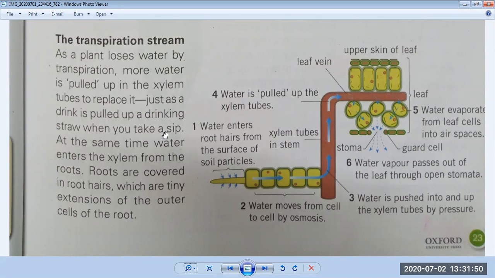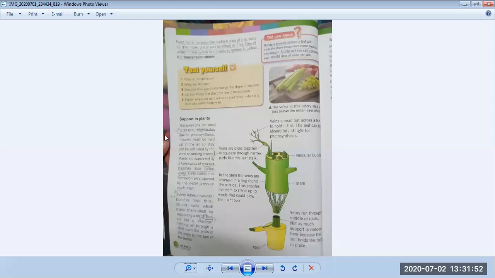Now come to the next page. You can also see what the function of root hairs is. Root hairs increase the surface area of the roots. So why are root hairs important in the body of a plant?